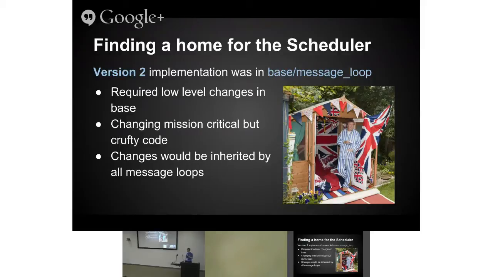Almost all the threads in Chrome have a message loop, and the code is kind of crufty and also very critical, so it's risky to go and mess with that. Any changes we would make in the main message loop for the main thread would be inherited by all these other message loops on other threads. So that's also not ideal.